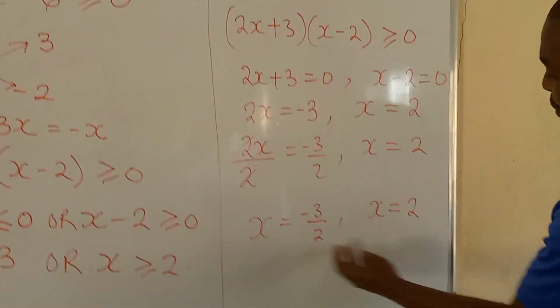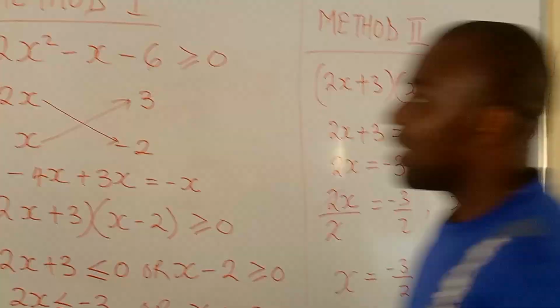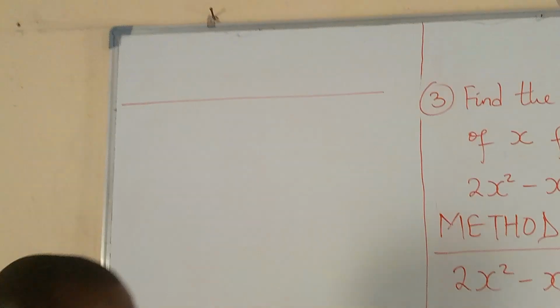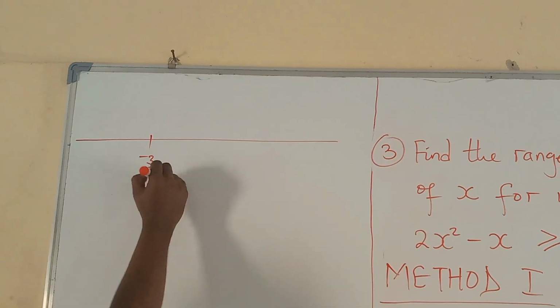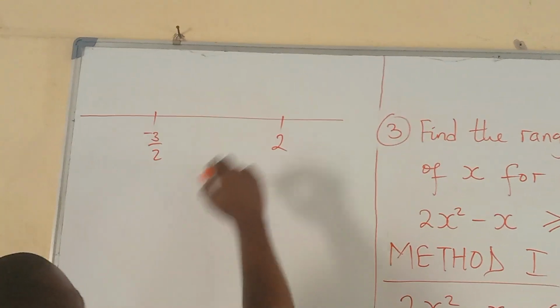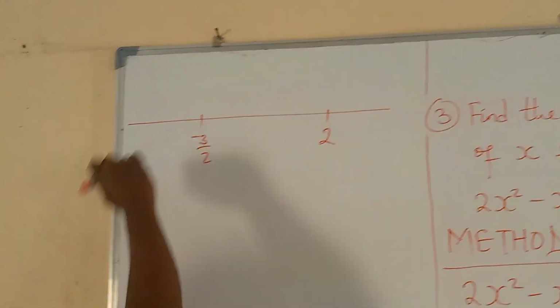These 2 points are what we call the critical points or the points of interest. So on our number line, we need the point negative 3 over 2. We also need the point positive 2. All the numbers this way are less than negative 3 over 2.